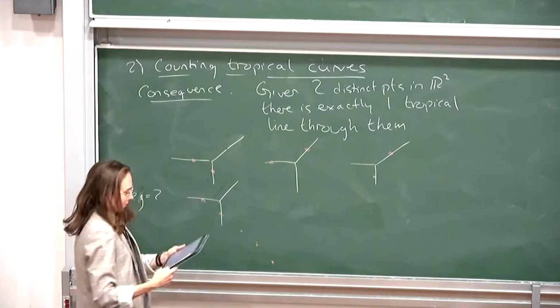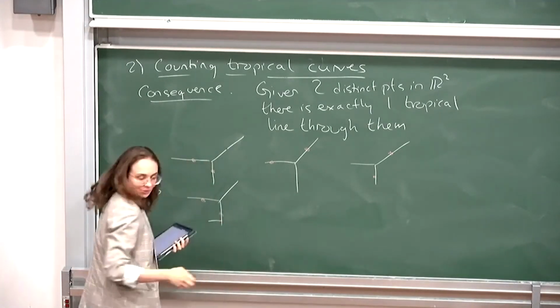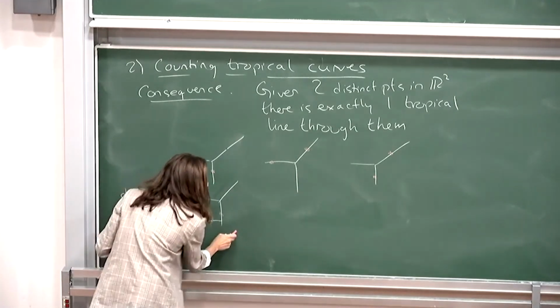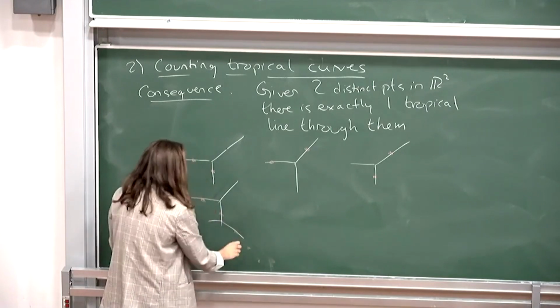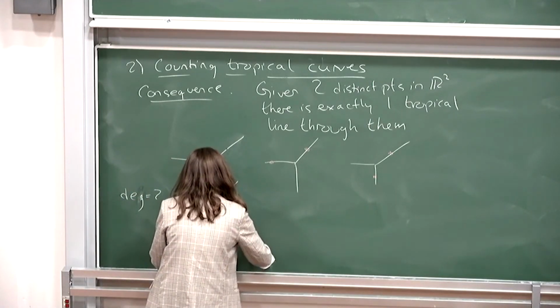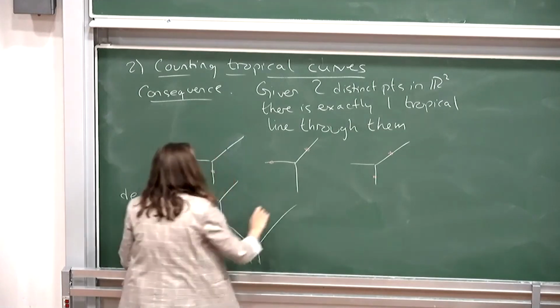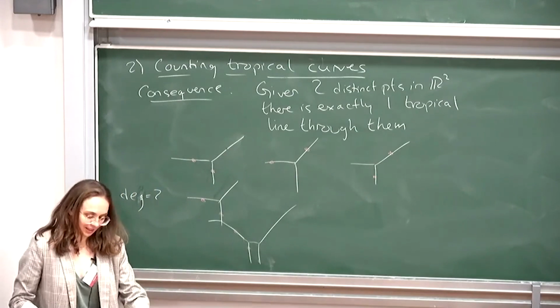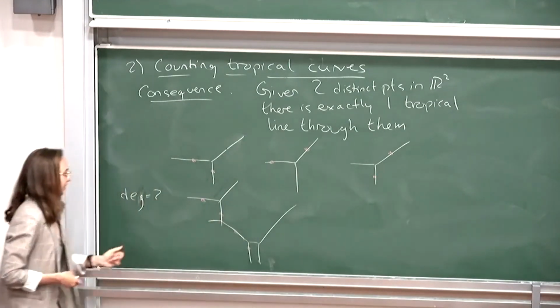Then I have one guy here. I have to rearrange my points. So I claim this is also true in degree 2 without a proof, but maybe the picture tells you something.